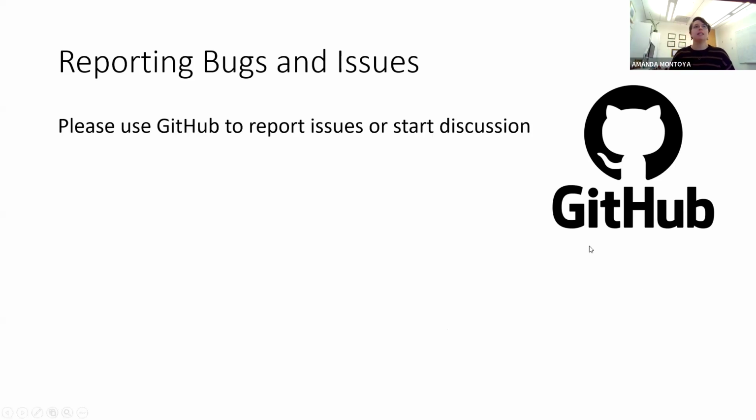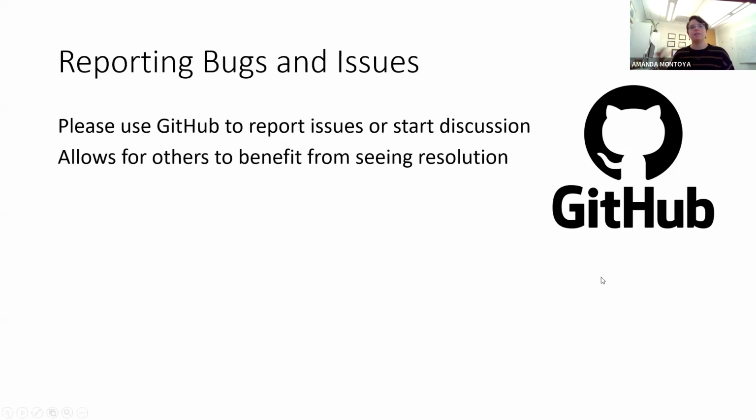On GitHub, there is an area where you can submit an issue. I also have an open discussion for memory on there. Discussion would be more like, could I use memory for this thing, or asking about a specific question. The really nice thing about this is it allows others to benefit from seeing how an issue has been resolved.